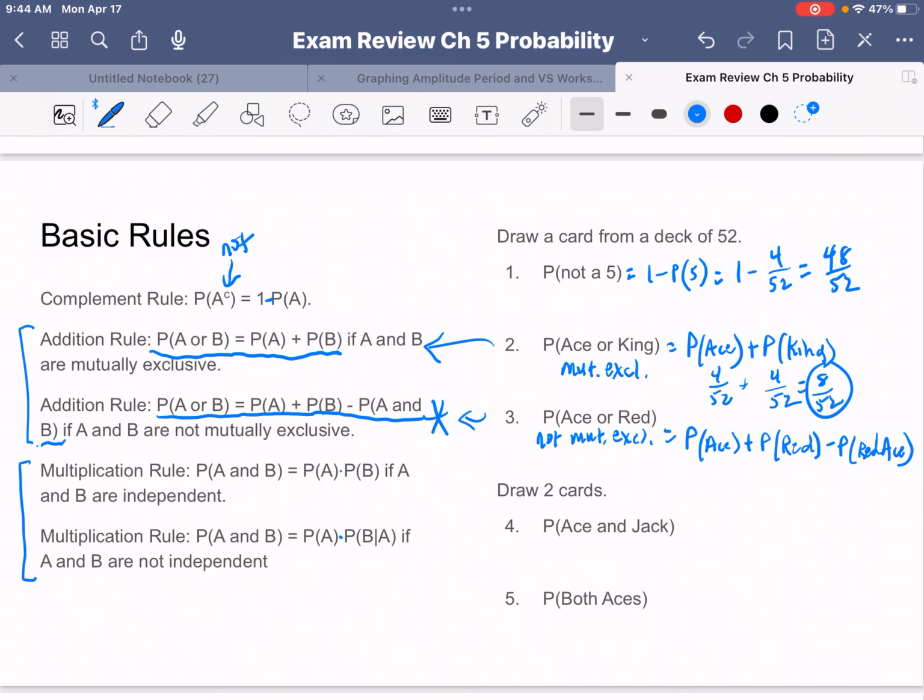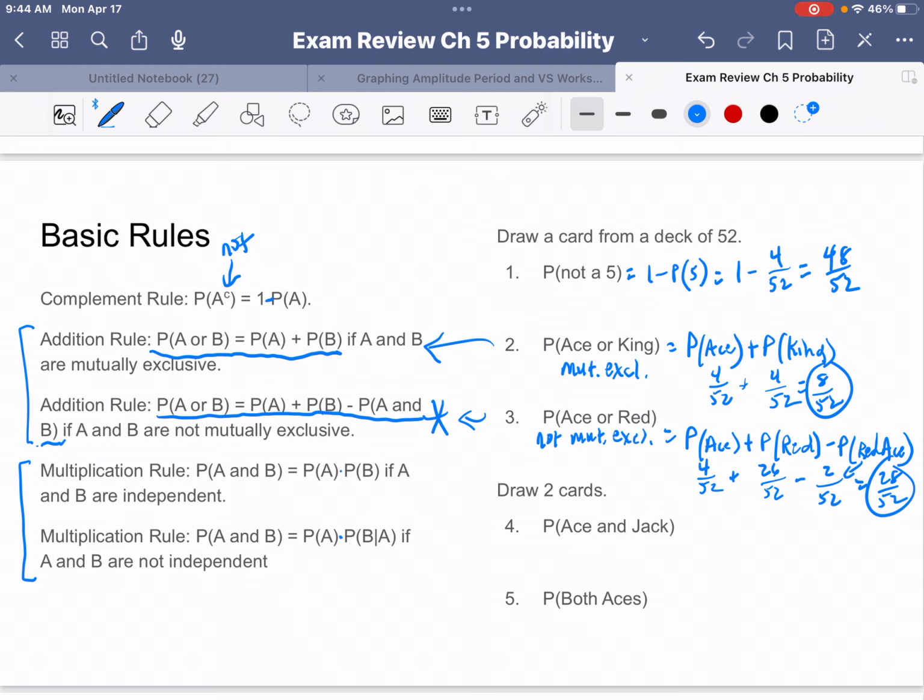So then that would be 4 over 52 plus 26 reds out of 52 minus 2 out of 52 because there are 2 red aces, the ace of hearts and the ace of diamonds. So that would be 28 out of 52, and you grab your calculator.